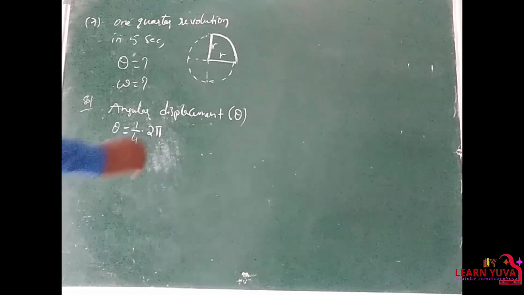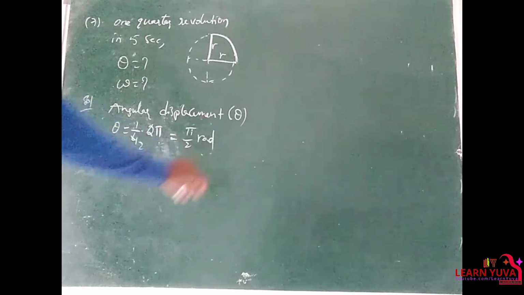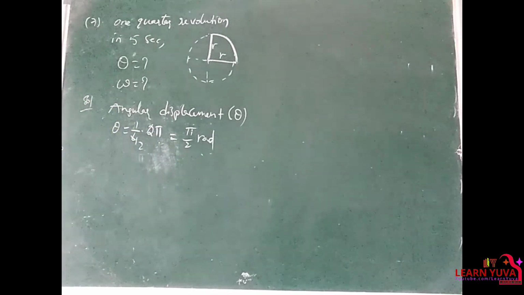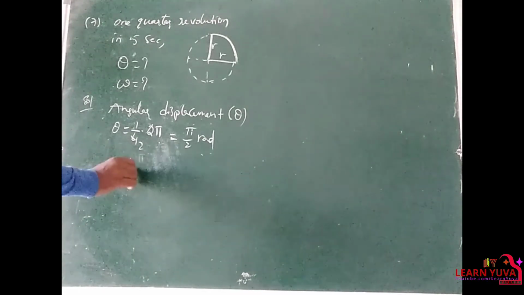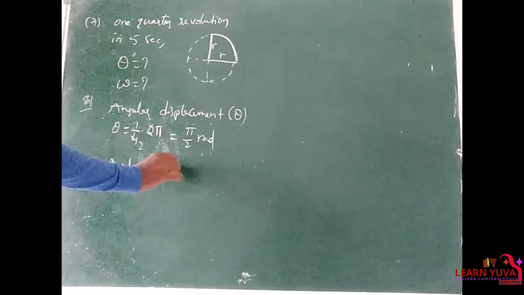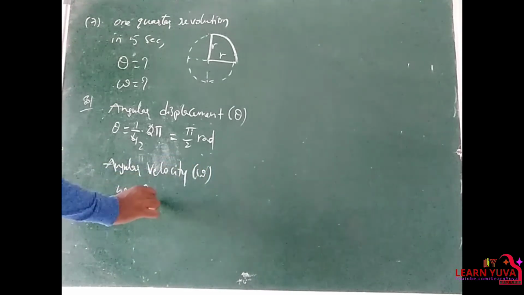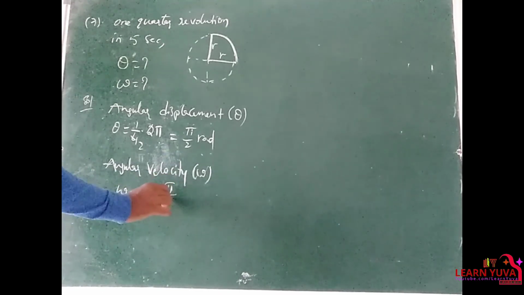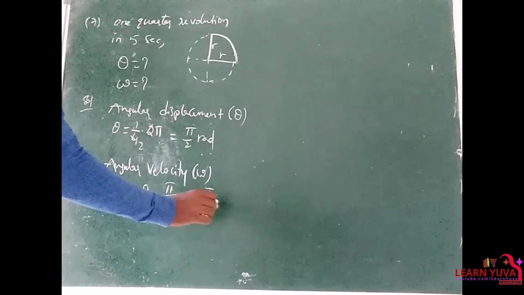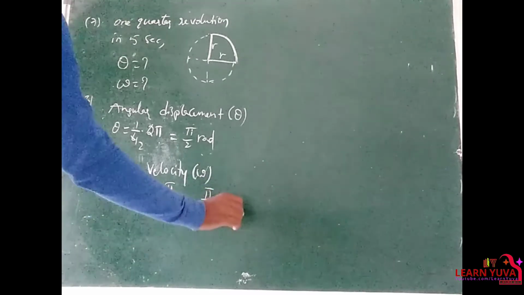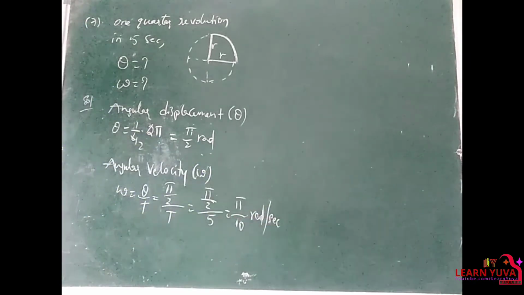So that is equal to 2 pi by 4, which is pi by 2 radians. Next, angular velocity omega. So omega is equal to theta by t, pi by 2 by t. That implies pi by 2 by 5, that is equal to pi by 10 radians per second.